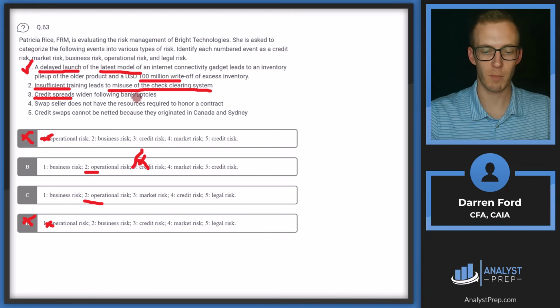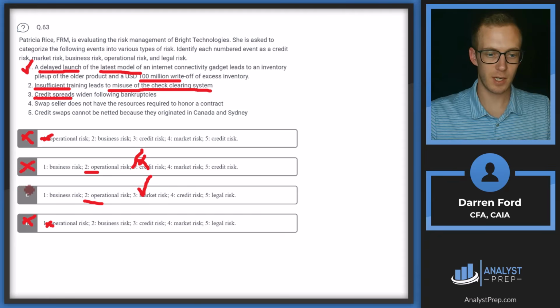From us being a creditor of something, it doesn't increase the company's personal credit risk of any counterparty or anything like that. But it could lead to some wider market issues. So that's where that's going to fall into 3, market risk. So it looks like we're going to be choosing answer C.